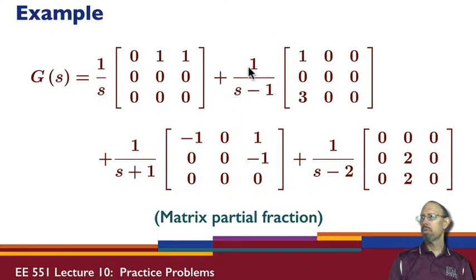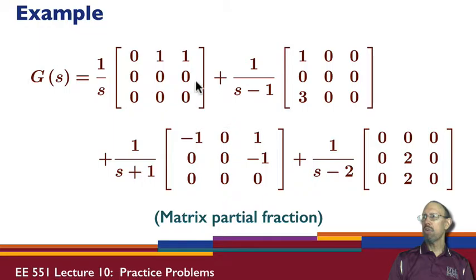I do the same things with 1 over s minus 1, 1 over s plus 1, 1 over s minus 2. So these are the matrices that I get. Notice we get a lot of zeros coming out because most of the terms do not depend upon that pole. So I now have 4 matrices, R1, R2, R3, and R4.